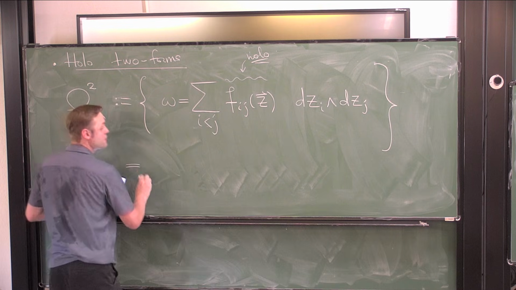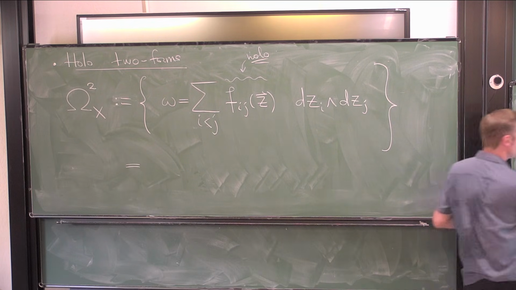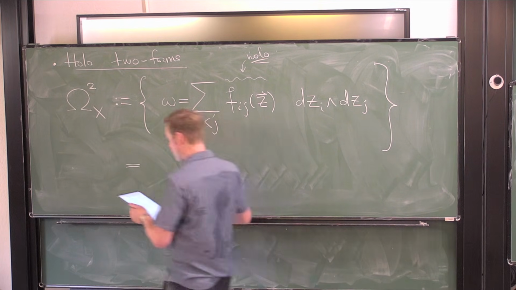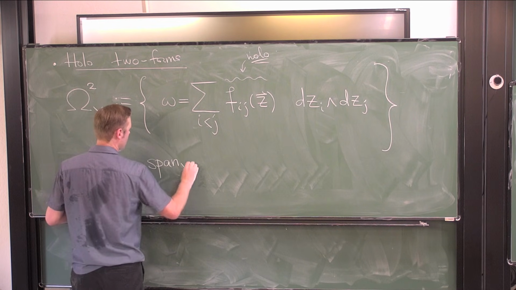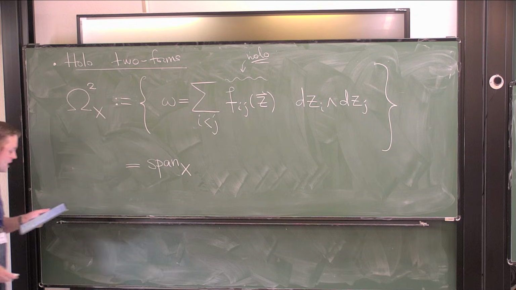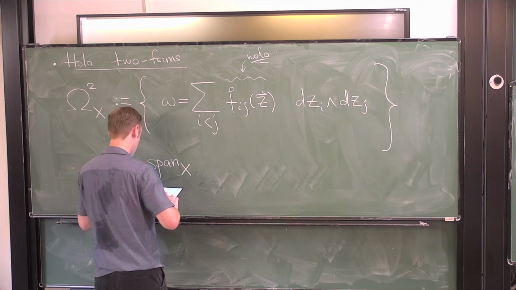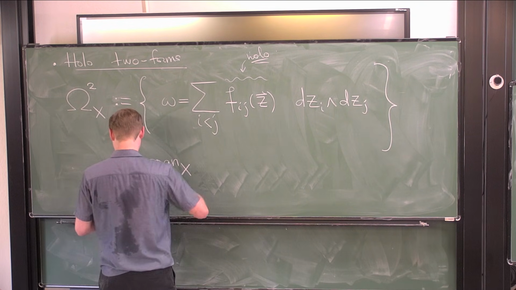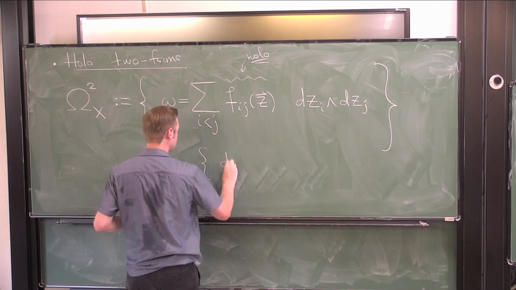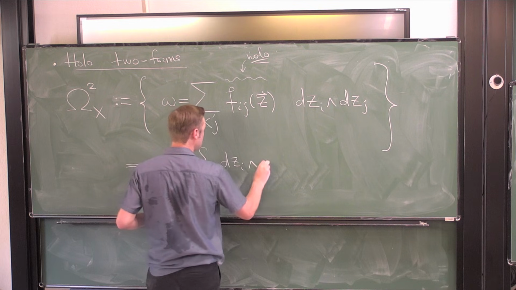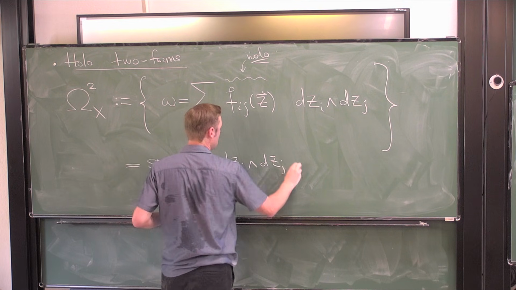So again, I can write that this is the linear span over the locally defined holomorphic functions on X of these newly formed vectors dzi wedge dzj.